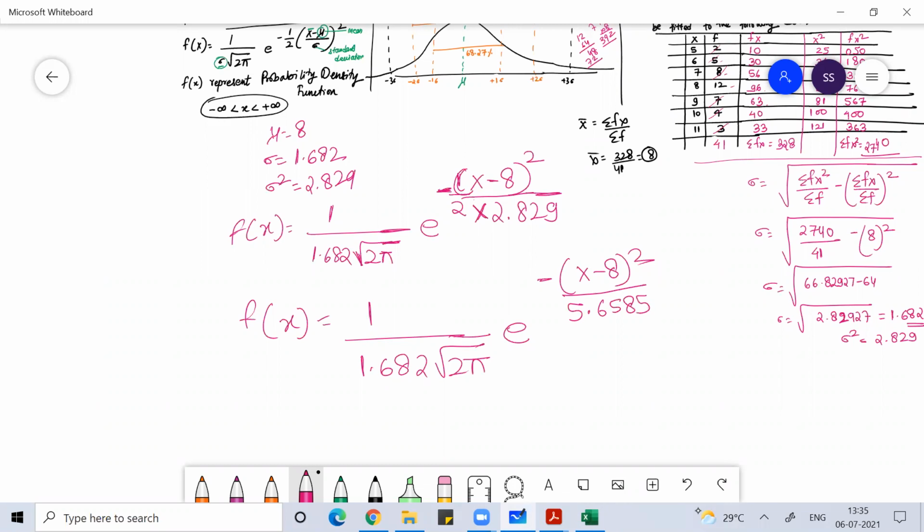This is your answer. So in the textbook and all, you will find this answer only.